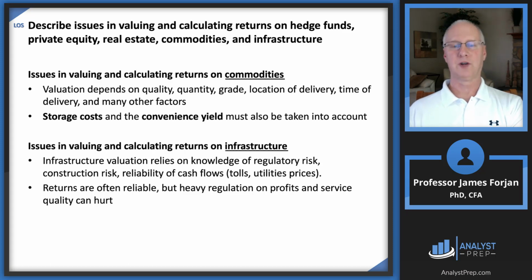And then infrastructure returns are interesting because you got to worry about regulatory risk and construction risk and the reliability of cash flows. I mean, when you go to the beach in Maryland, you almost have to cross over the Chesapeake Bay Bridge. And it costs, I think we're up to $6. You only pay it one way.